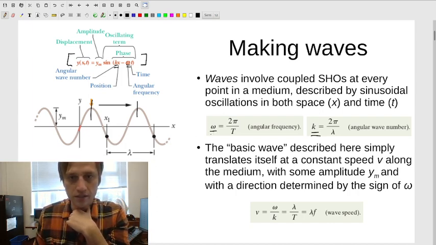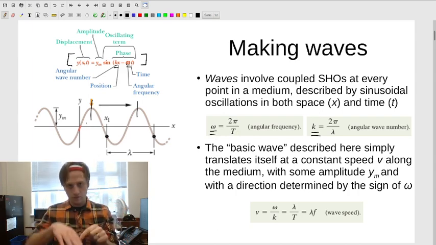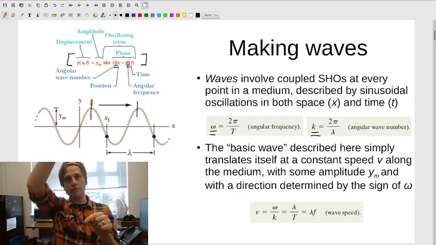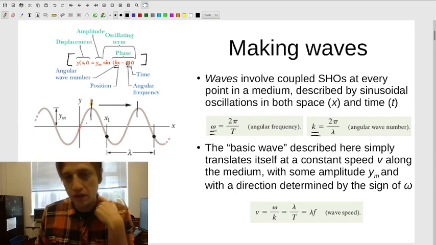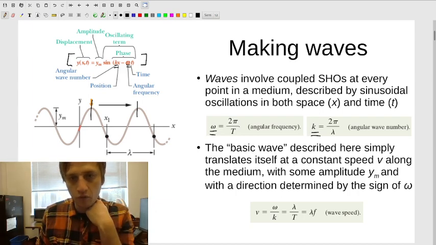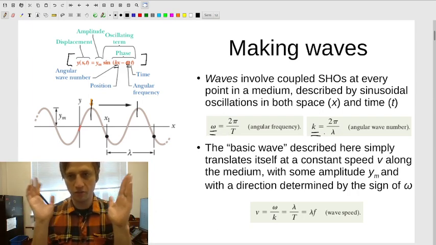That's this. And that has to do with the amount of time that it takes, if we're just standing at one position, for the string to go up, down, and back. So T, the period, is the time for one full cycle. Lambda, the wavelength in meters, is the length of one full wave.